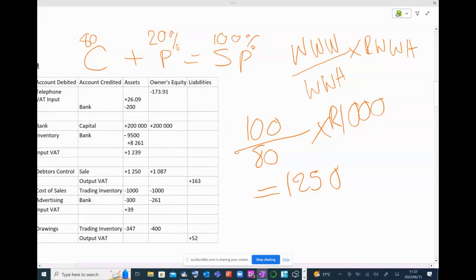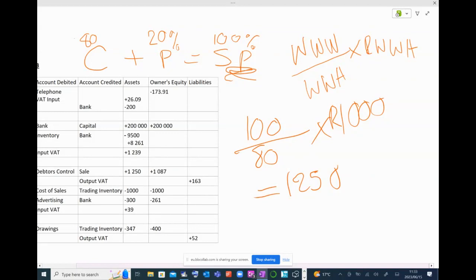So now we're asking ourselves, what do we want? We want the selling price, which is 100. Can you now see the consistency? What we want is 100, which is the selling price. But what do we have? We have the cost price, that 1,000 rand. It says we sold 1,000.